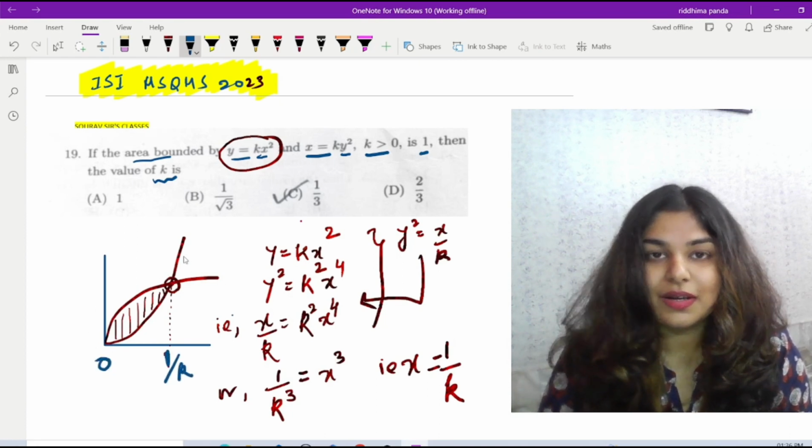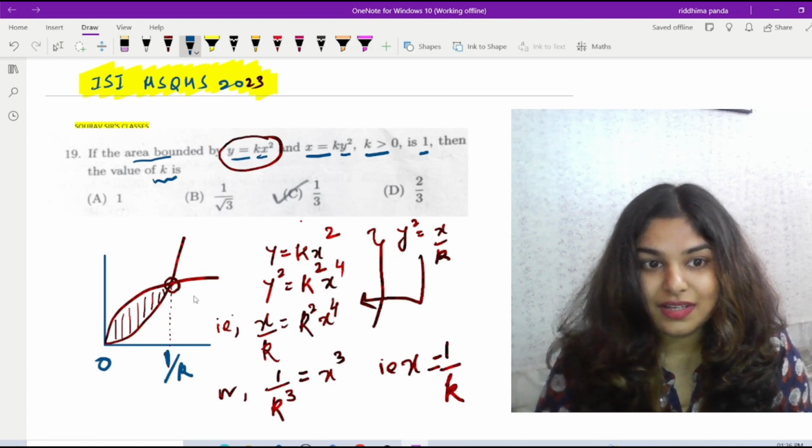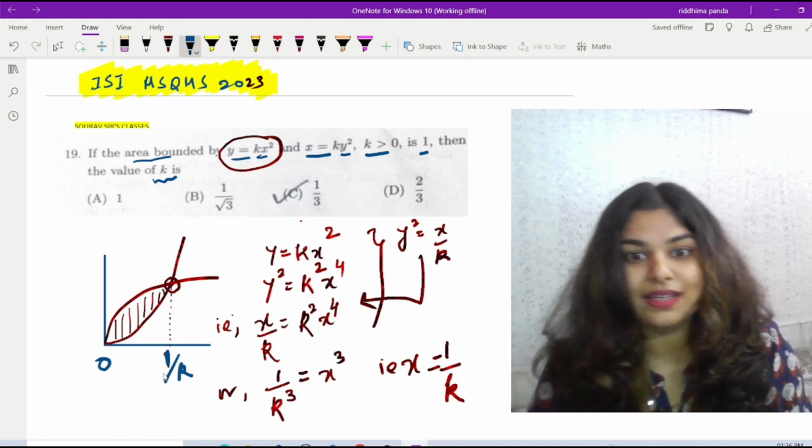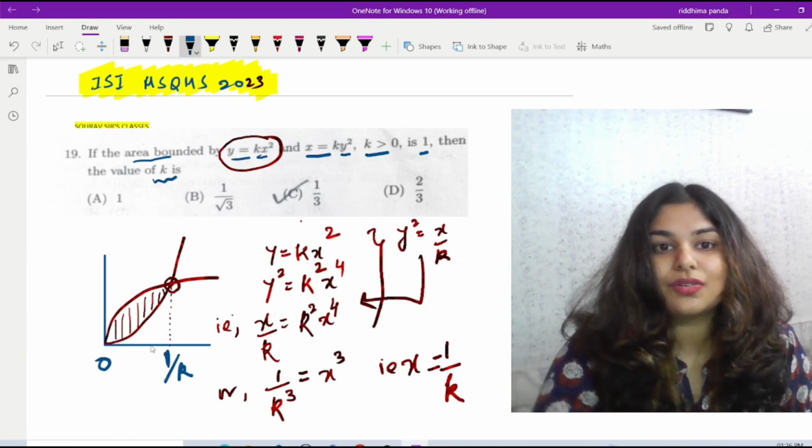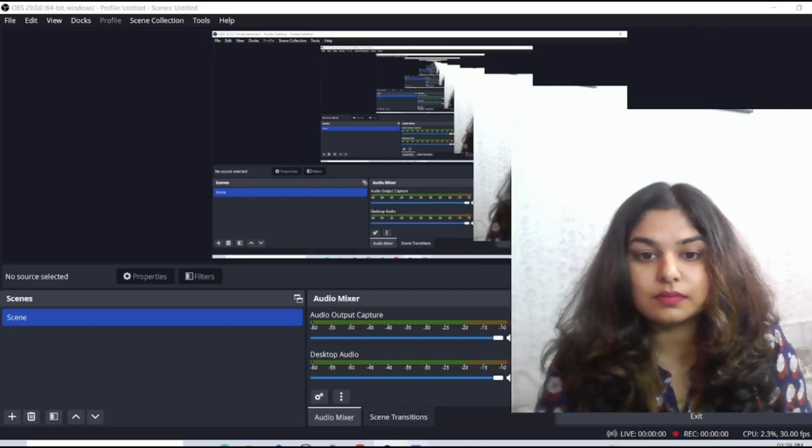So this is the area that is bounded. I have to integrate to find the area between these two curves, between 0 and 1/k.